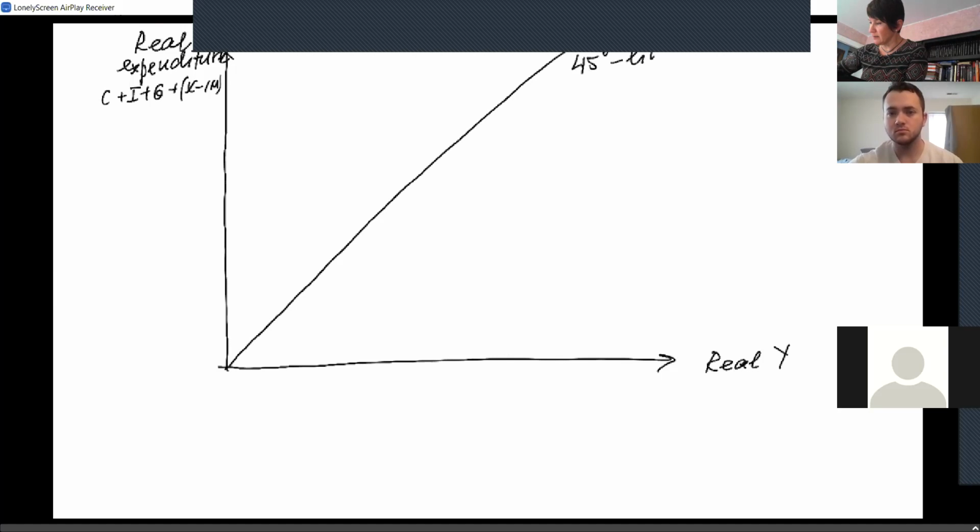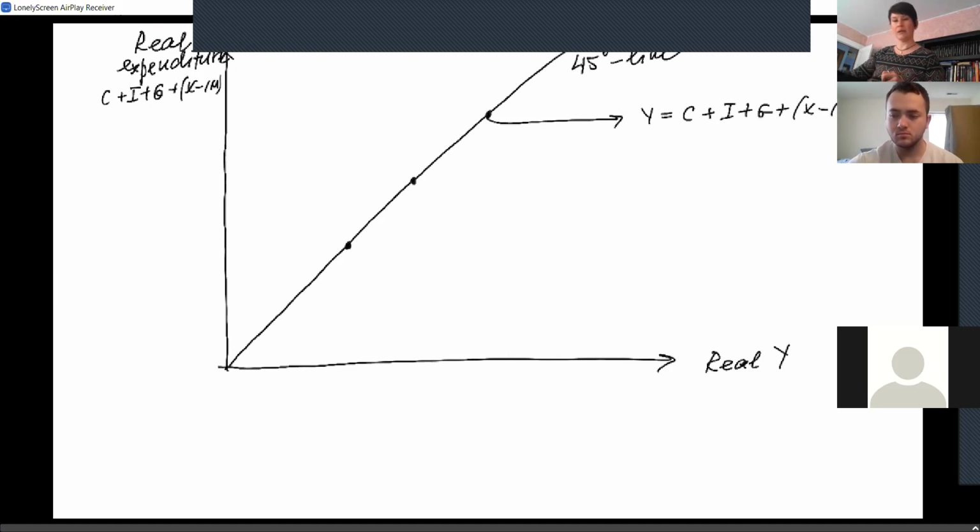Every point on this line, pick any point, will present the equilibrium where total output is matched by total demand, okay?